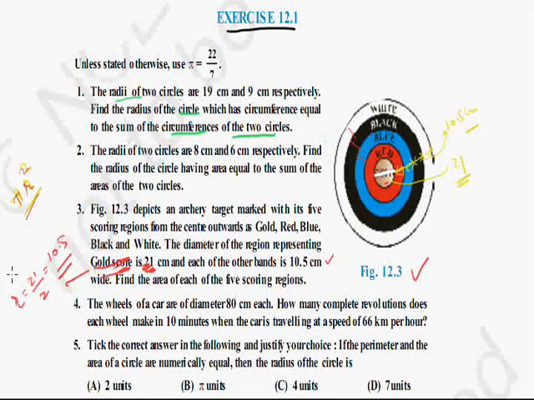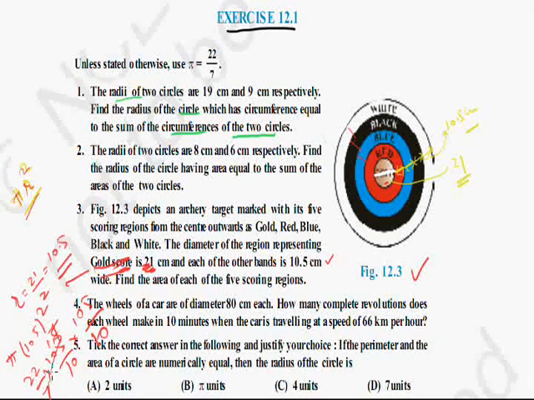21 by 2, that is 10.5 centimeter. Right? Now the area of the golden region is pi r square, that is pi into 10.5 square. That means 22 by 7 into 105 by 10 into 105 by 10. When you calculate this, 7 1 is 7, 3 7 13, 15 7 is 35.